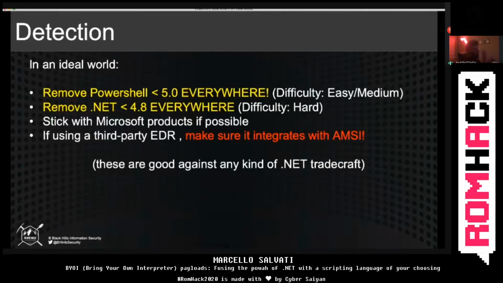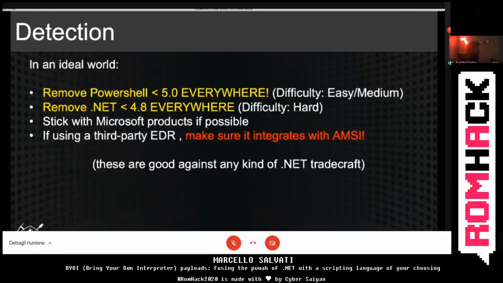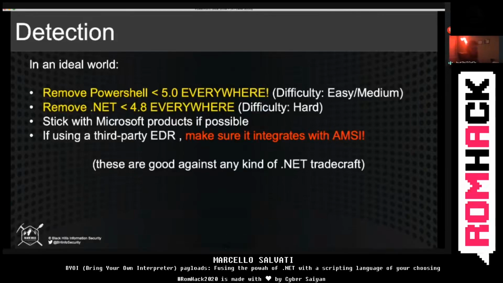The reason why I recommend this is because those versions less than 5.0 and 4.8 don't have AMSI and any of those detections in place that Microsoft put in, okay? I would highly recommend sticking with Microsoft products as much as possible when it comes to EDRs. The reason why is most third-party EDR solutions, incredibly enough, still don't integrate with AMSI. So what this means is that if you decide to use a third-party EDR, Silence, or any of those, right?